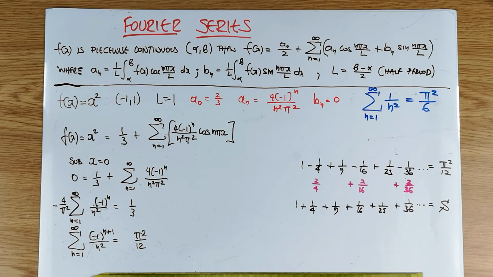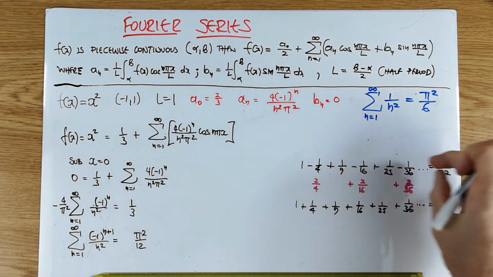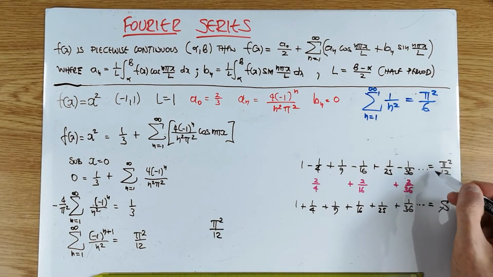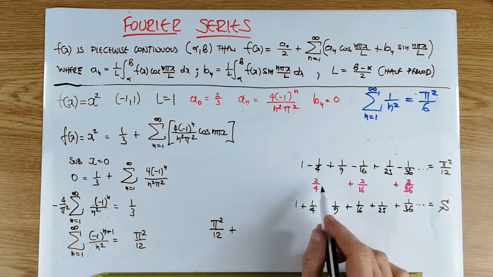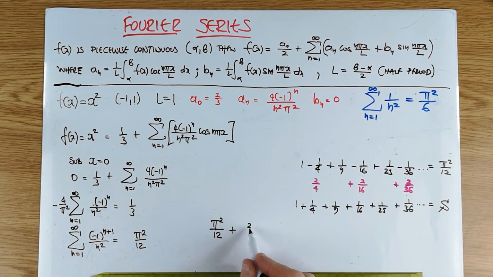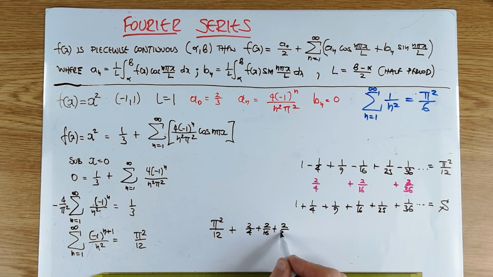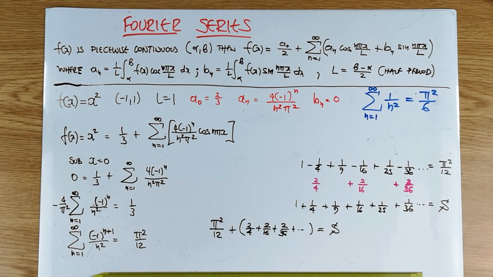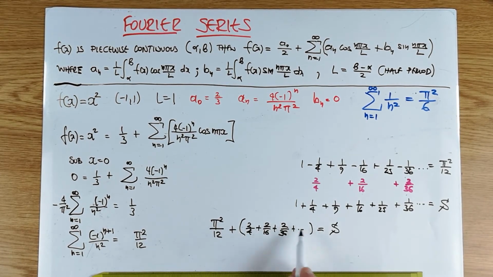So I'm going to say the following. If you look now at these two lines, I say definitely pi squared over 12, this bit here, plus 2 over 4 plus 2 over 16 plus 2 over 36 plus dot dot dot forever is of course what I'm after. The question is, what is this now?